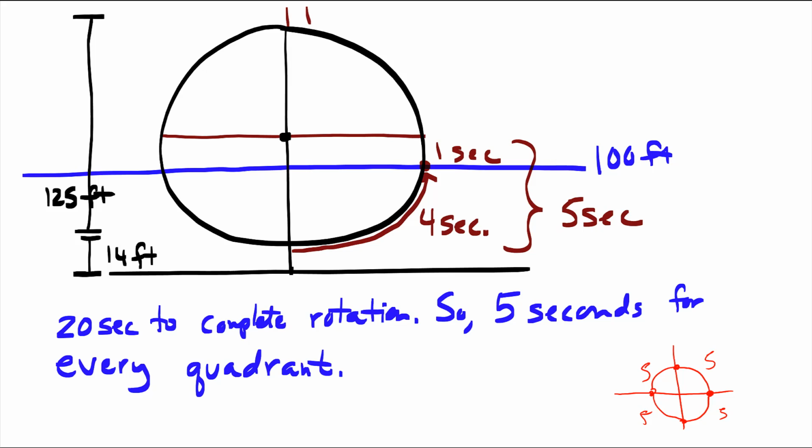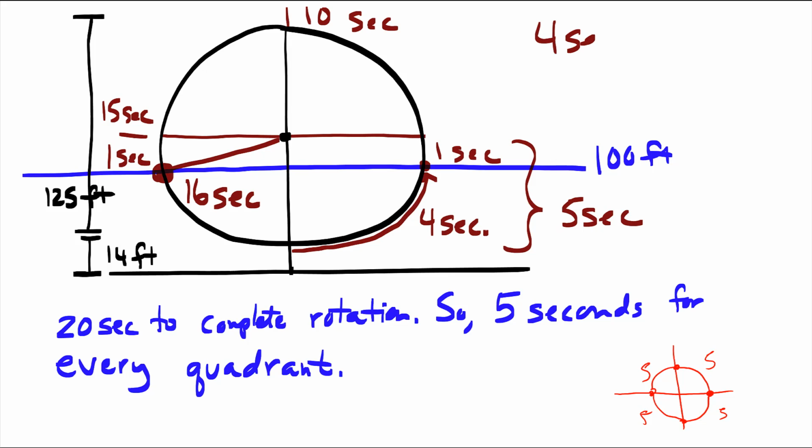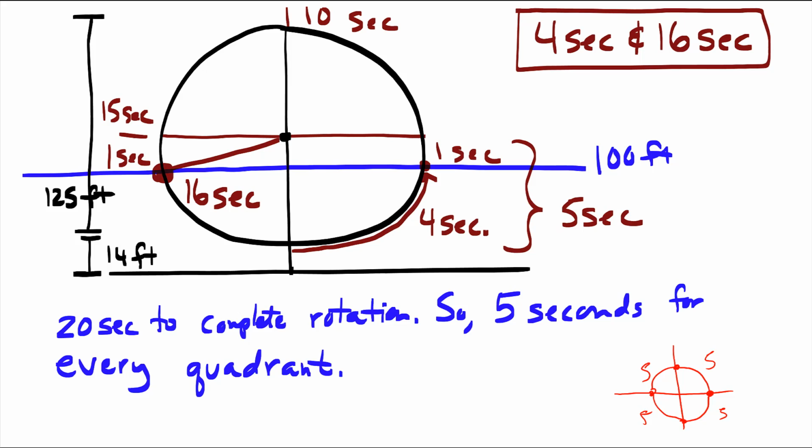If I keep on going, this will be 10 seconds here. This will be 15 seconds here. And then when I go down just 1 more second, I will hit a height of 100 feet again. So how many seconds is that? That's going to be 16 seconds. So answer: if I just do 1 full rotation, I'm going to hit 100 feet high at 4 seconds and 16 seconds.